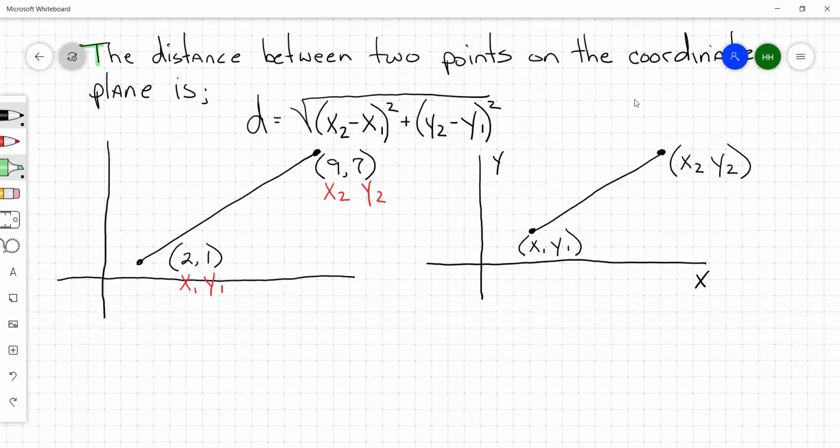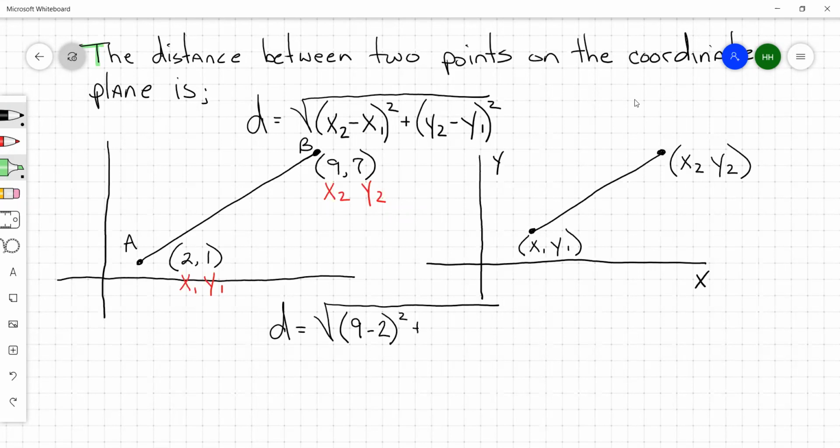So now we take the formula and we substitute these values into the formula. So the distance between these 2 points, maybe the points are A and B, that doesn't matter. The distance between them is equal to the square root of our x sub 2, which is 9, minus our x sub 1, which is 2, and we're going to square that.